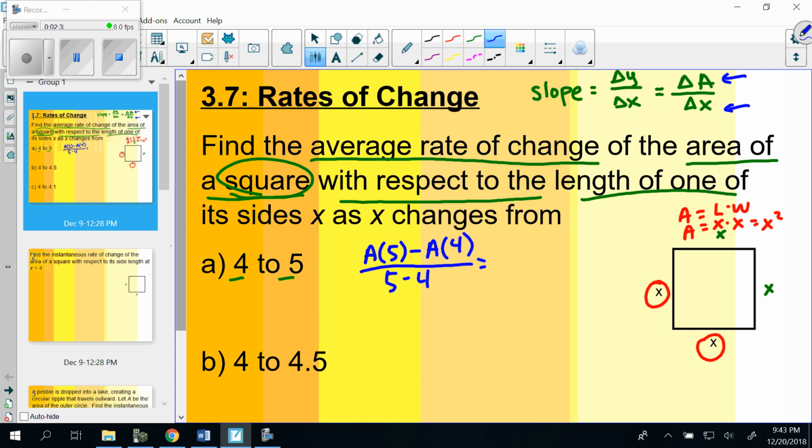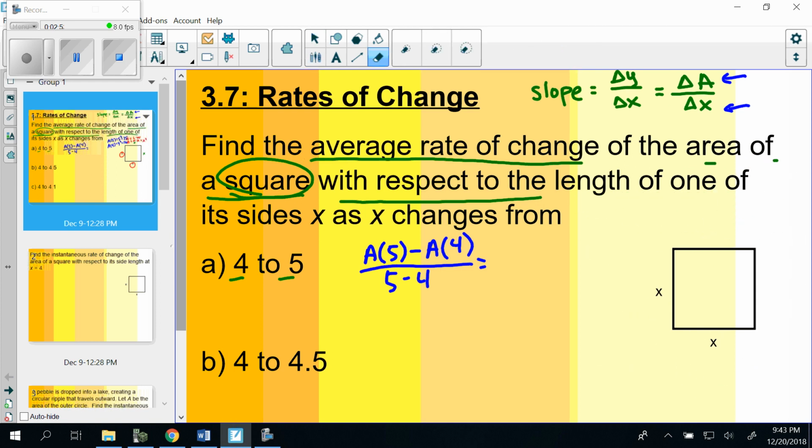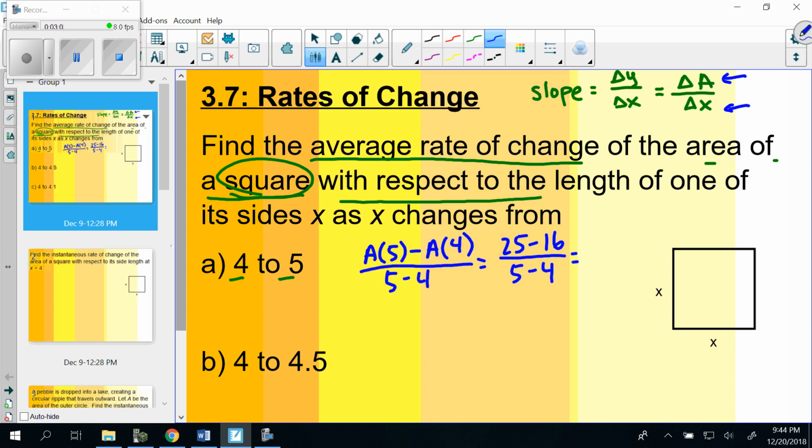Well, our area would be 5 squared, or 25. If our side length is 4, then our area is 4 squared, or 16. So now our equation would become 25 minus 16 over 5 minus 4. And simplifying that out, that would give us 9 over 1, or just 9.